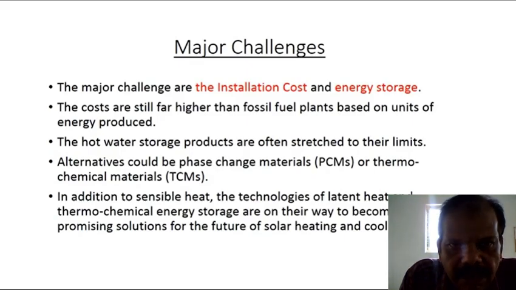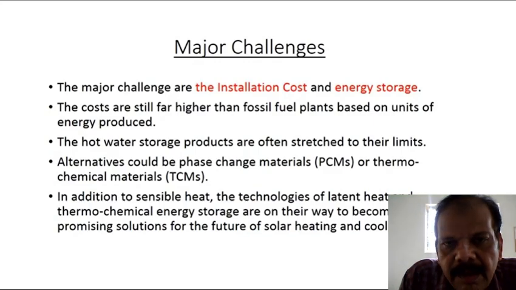The costs are still far higher than fossil fuel plants based on the units of energy produced. So if some improvements are made, we can expect the operating cost to come down.